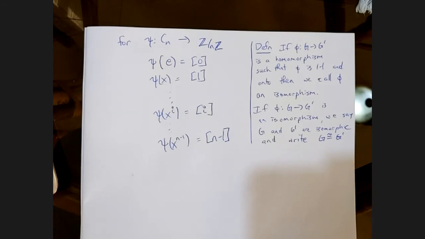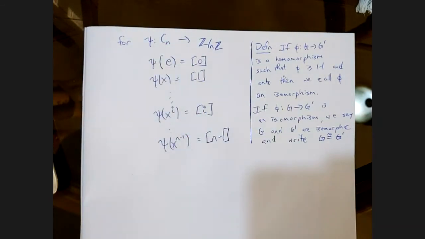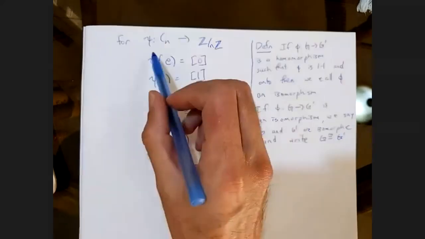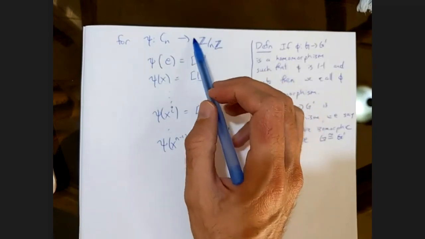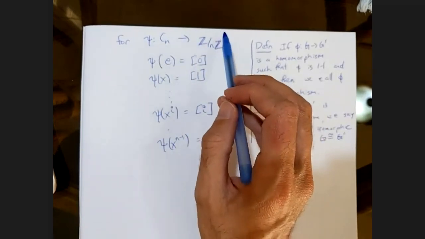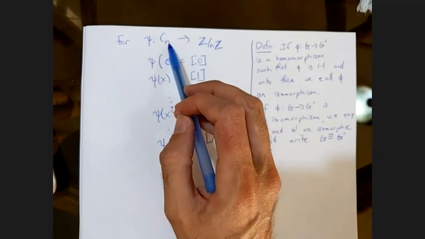Now, knowing that Cn is isomorphic to Z mod nZ is kind of useful. Anything that I know about the group Cn, I can translate into the language of Z mod nZ, and anything that I know about Z mod nZ, I can translate into the language of Cn.